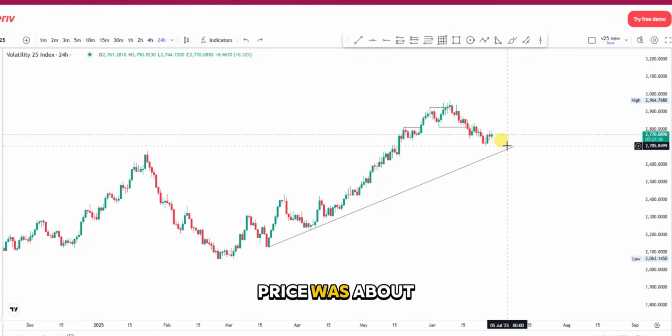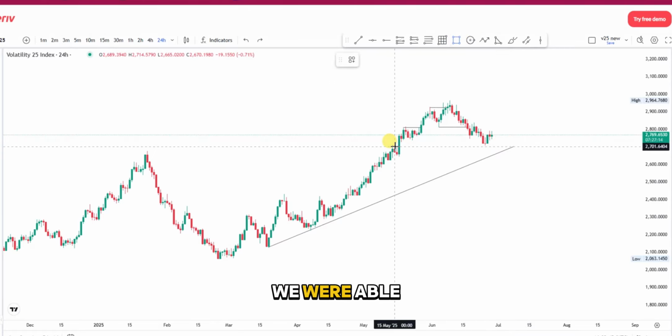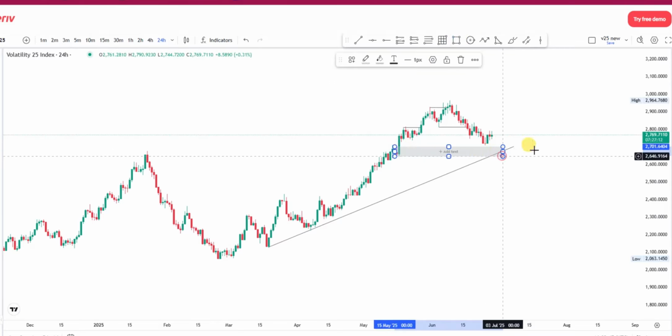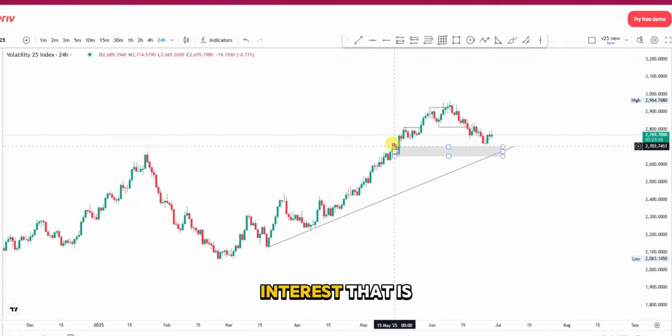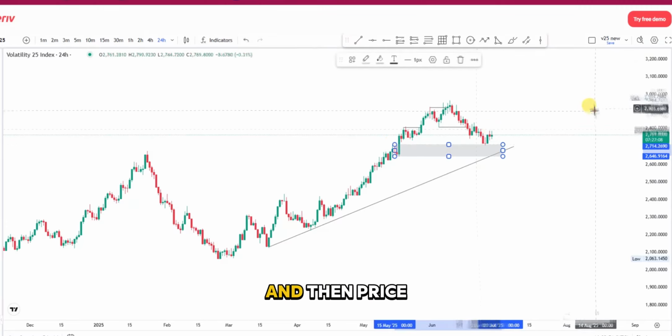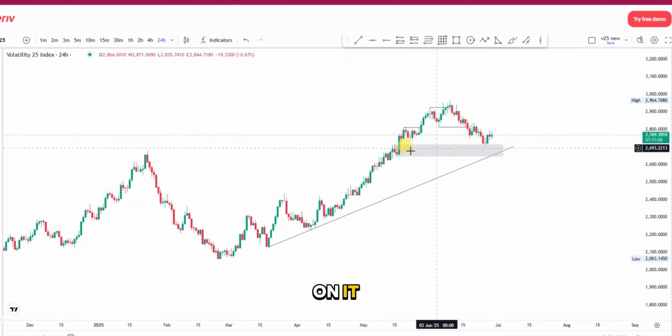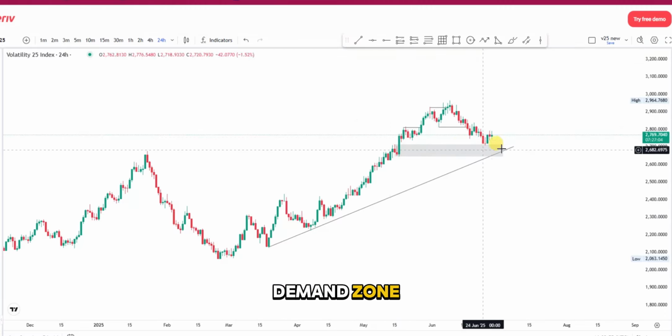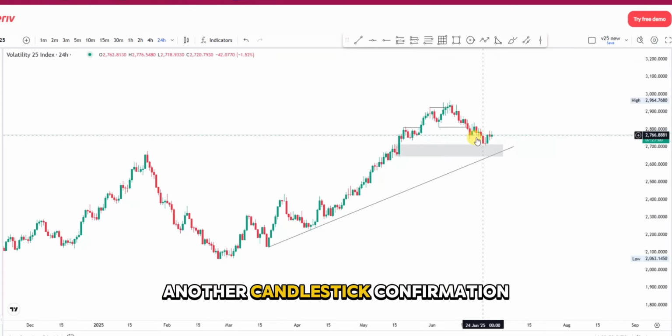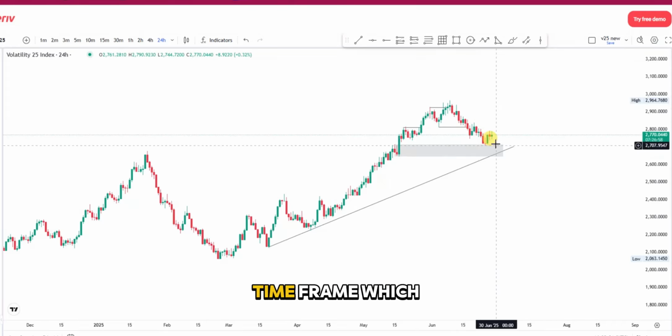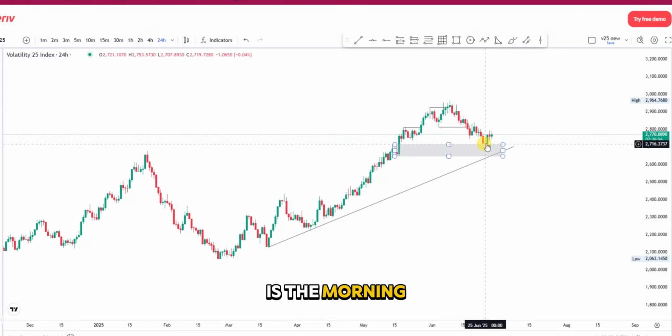Price was about to continue its move, because on the daily time frame we were able to see this point of interest, that is a demand zone, and then price came and tapped on it. That is the daily time frame demand zone. Price came and tapped on it, which gives us another candlestick confirmation on the daily time frame, which is the morning star.